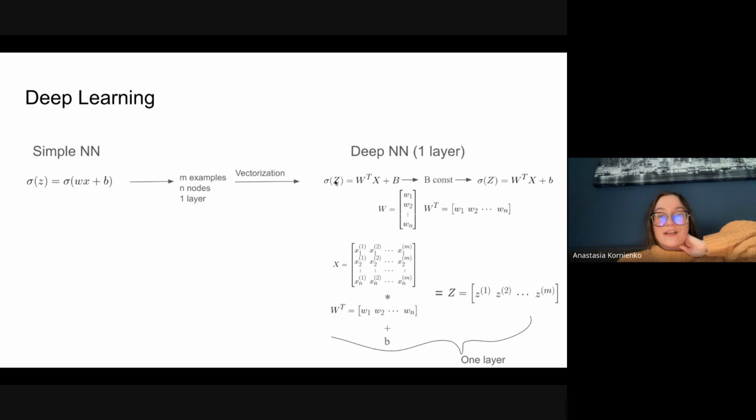So z is a vector now. W is also a vector now, and this letter T means transposed.